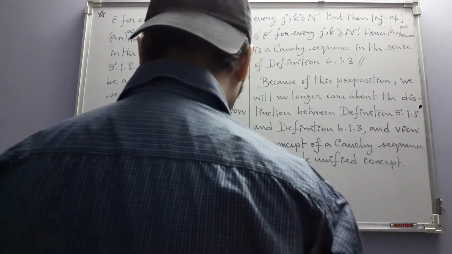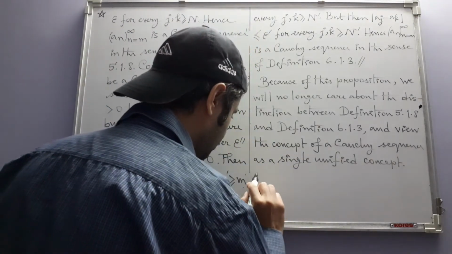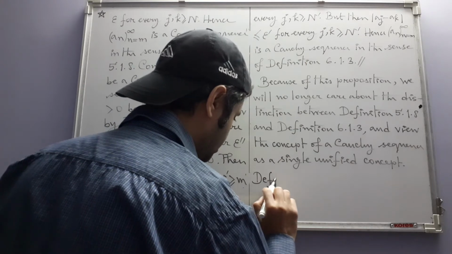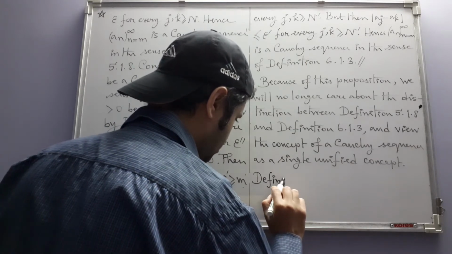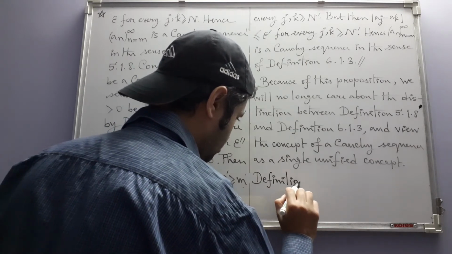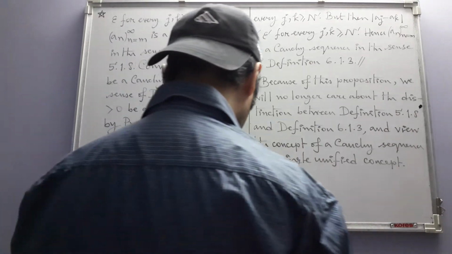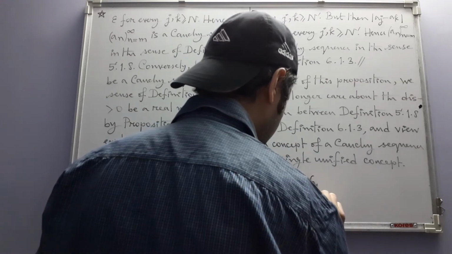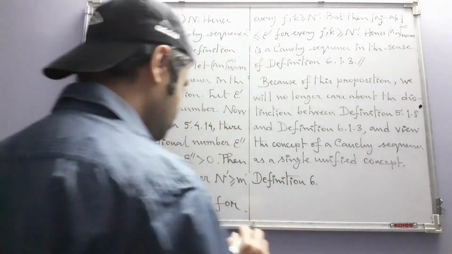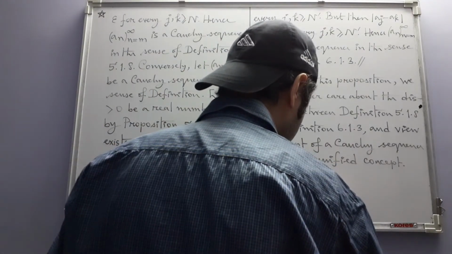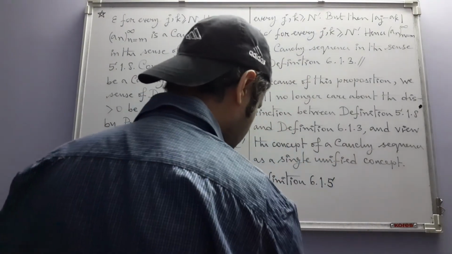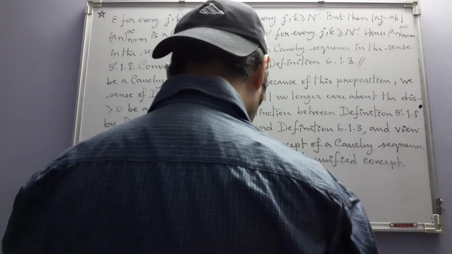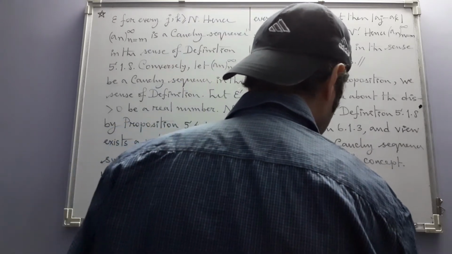Okay, now we come to the even more important notion of convergence. So this is definition 6.1.5. Why is it 5? Oh, the proposition was 6.1.4. Convergence of sequences.